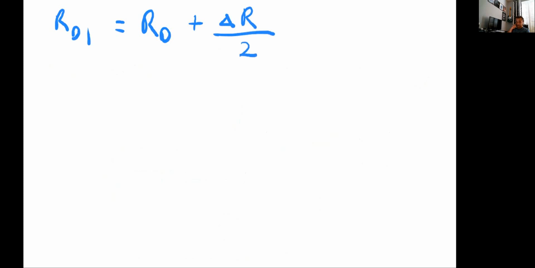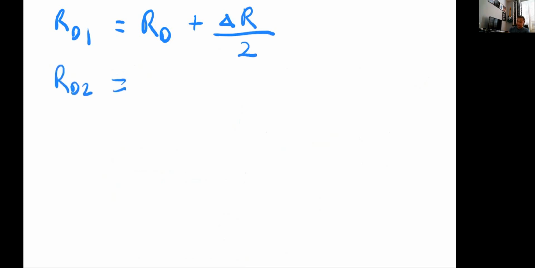So the first thing that we're going to do is say, for transistor 1, RD1 is going to be some nominal value of RD plus some deviation from that value divided by 2.